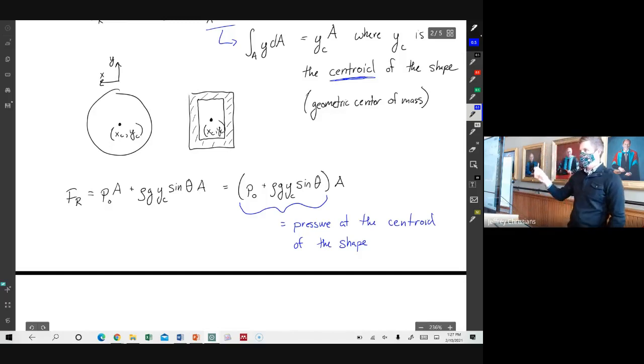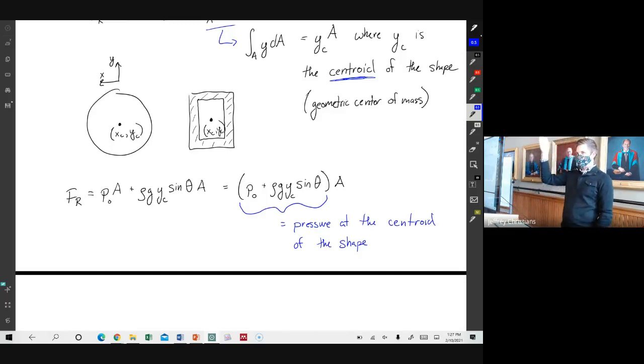Yc sine theta is the depth of the center of the shape. So P naught plus rho g, height underwater of the centroid of the shape.